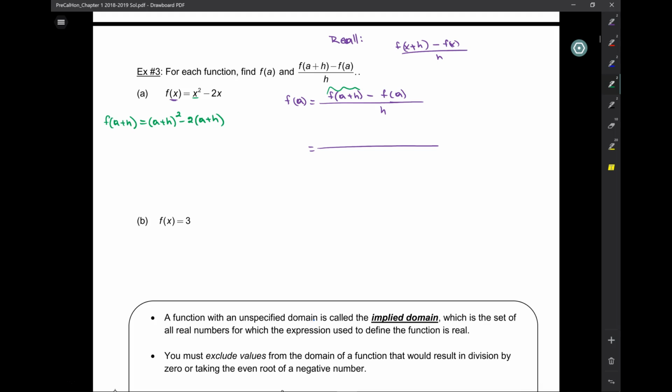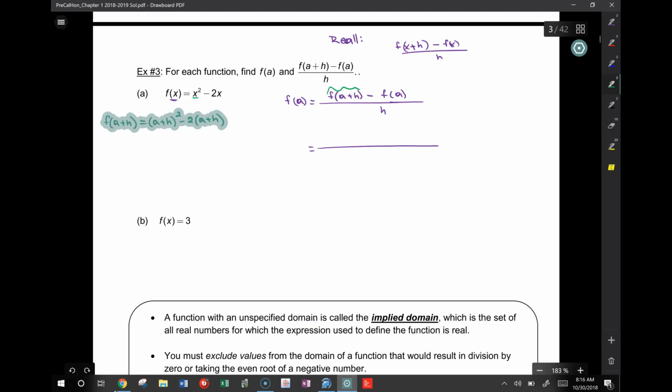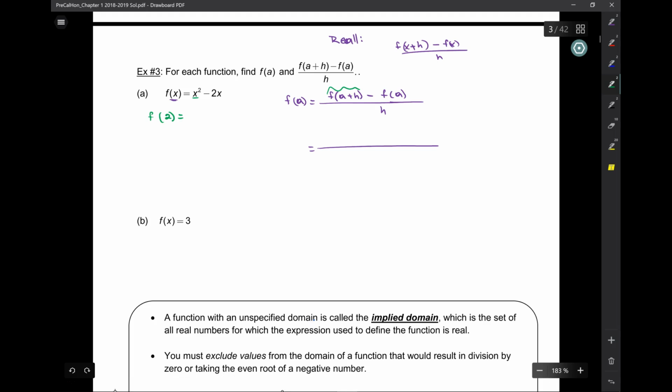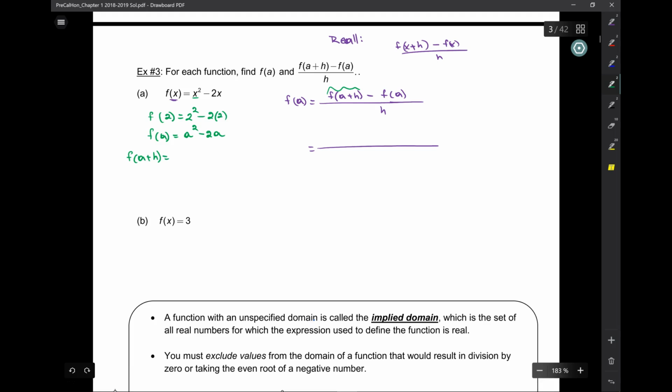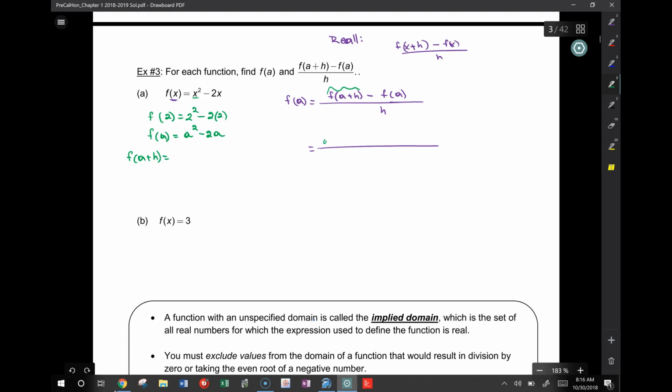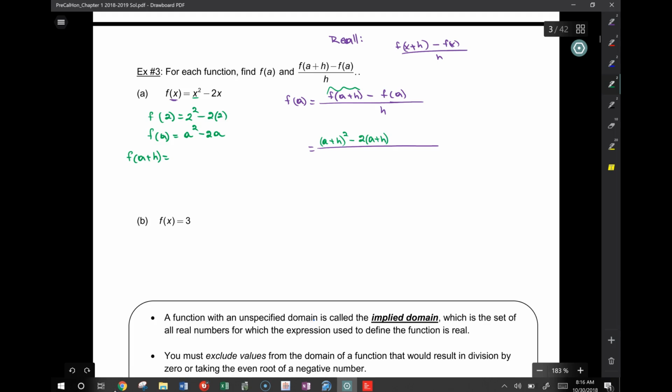Now, if I were to look for f of 2, what would I do? Put 2 into wherever I see an x, right? Now, what if I needed f of a? I put an a in there, right? What if I needed f of a plus h? Then I put my a plus h. So f of a plus h was going to be a plus h squared minus 2 times a plus h.